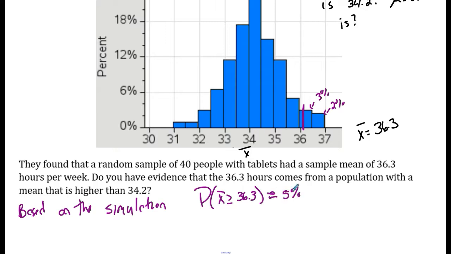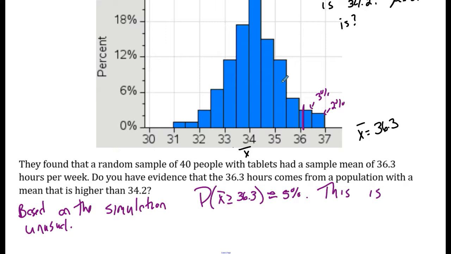It's about 5%, because that was 2%, that's about 3%. This is unusual. Getting a sample of 36.3 from a parent population with a mean of 34.2 and the given standard deviation is unusual.